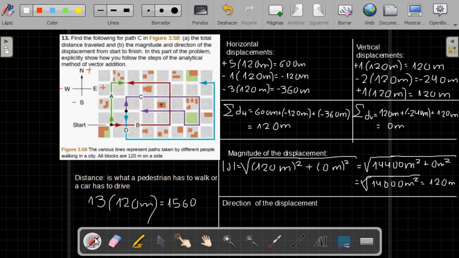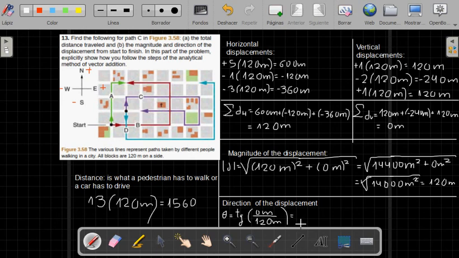And for that we have a very simple formula, which is theta, or the angle of the direction, is equal to the inverse of the tangent of 0 meters divided by 120 meters. Siempre van a ir en el numerador las verticales y en el denominador las horizontales.